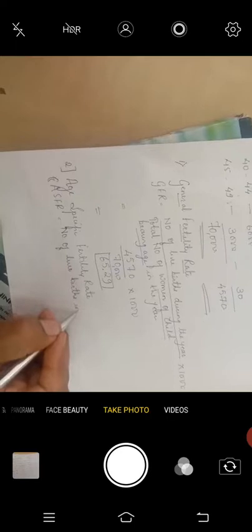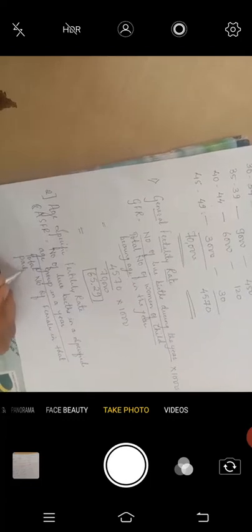The formula for age specific fertility rate, ASFR, is number of live births in a specified age group in a year divided by total number of females in that particular age group in a year into 1000. So this is the formula for age specific fertility rate.